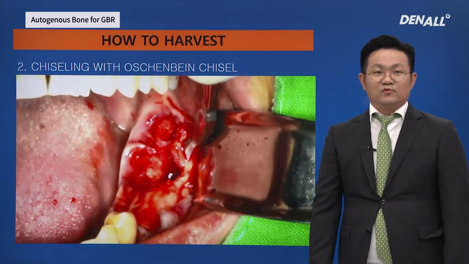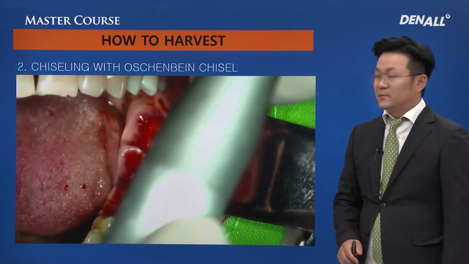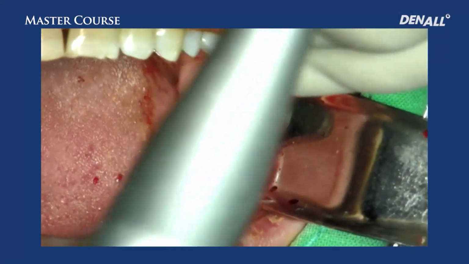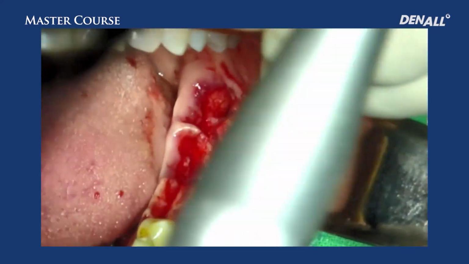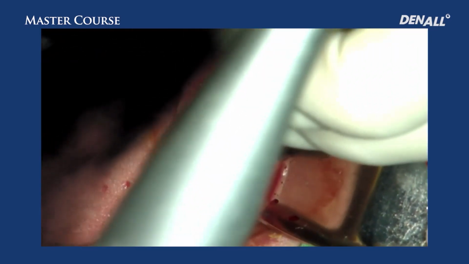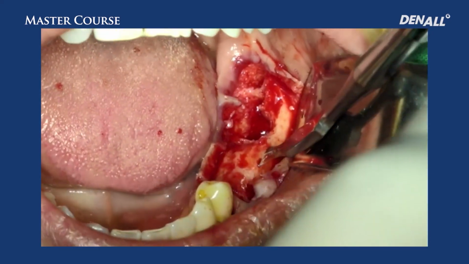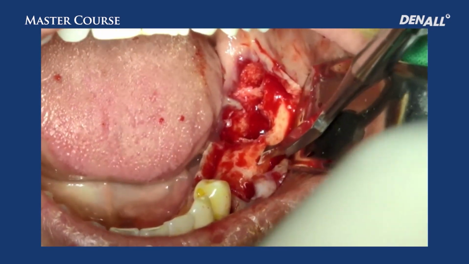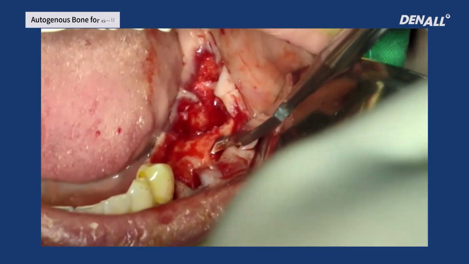The second, we can use a chisel to cut bone where bone is protruded. In this patient, the opposing tooth was extruded, and there was not enough space between the prosthesis of the implant and the opposing tooth, so the bone had to be cut off anyway. Using an ocean vine chisel, the bone is malleted and cut off in pieces.